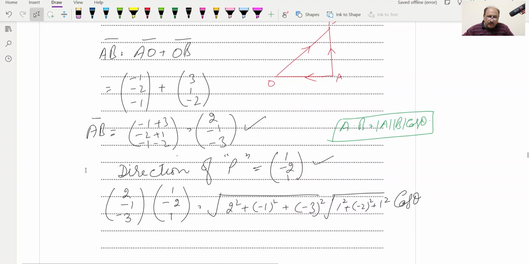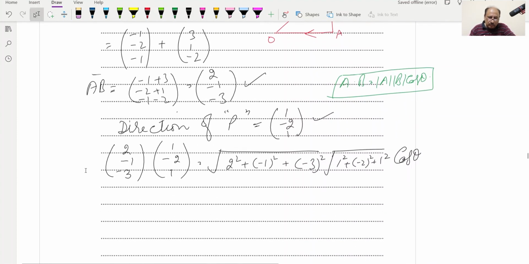Now we can find cos of theta. We can write it as 2 plus 2 plus 6... sorry, the magnitude: 4 plus 1 is 5, 5 plus 9 will be 14.